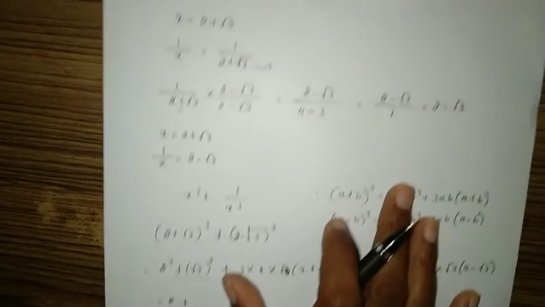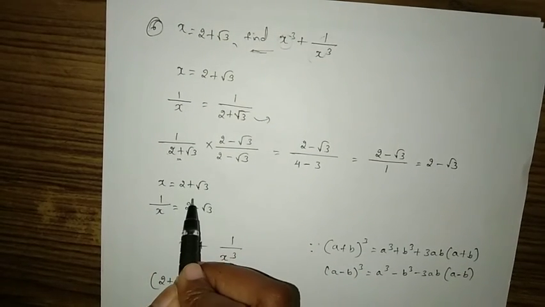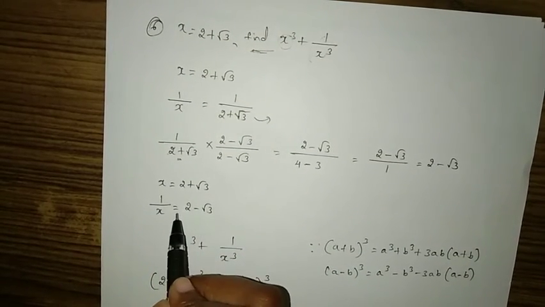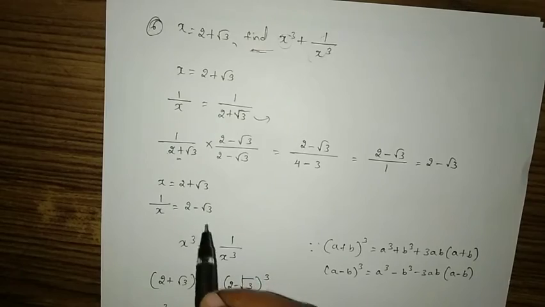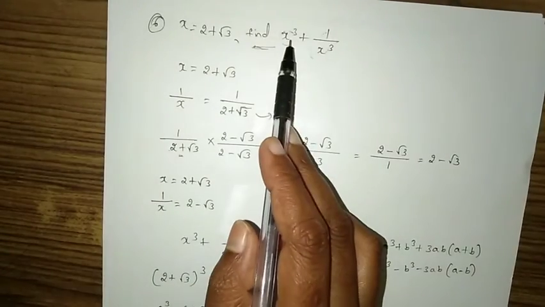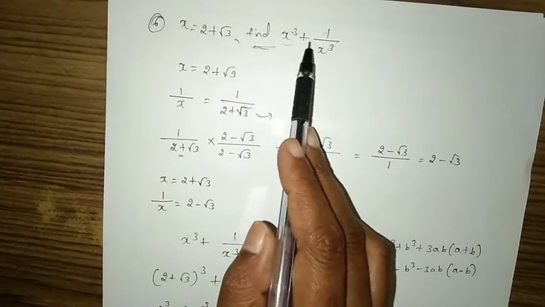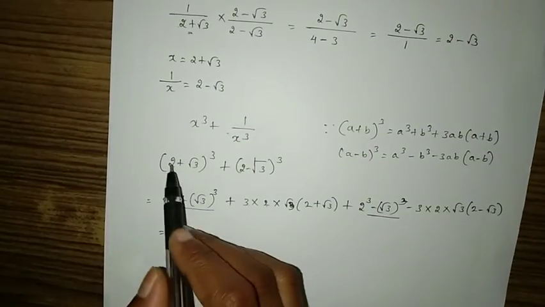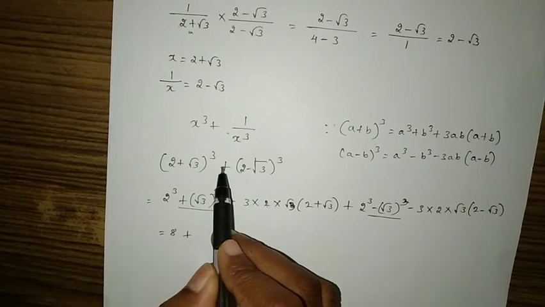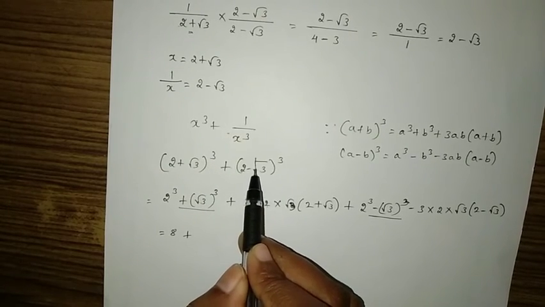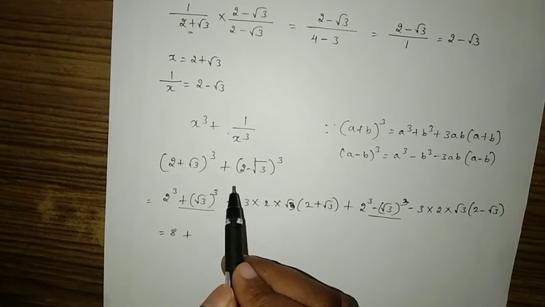Substituting the values here, x equals 2 plus root 3 and 1 by x equals 2 minus root 3. So we have to substitute values in x cube plus 1 divided by x cube. I already substituted: (2 plus root 3) whole cube plus (2 minus root 3) whole cube.